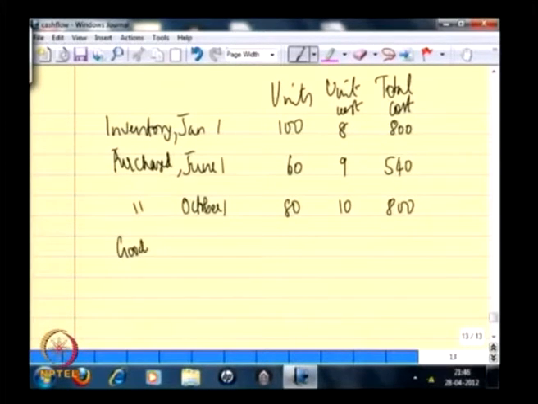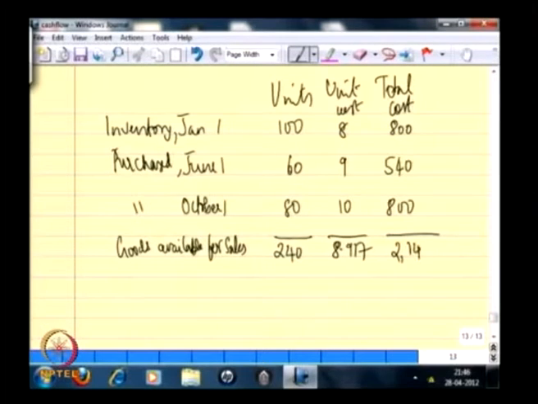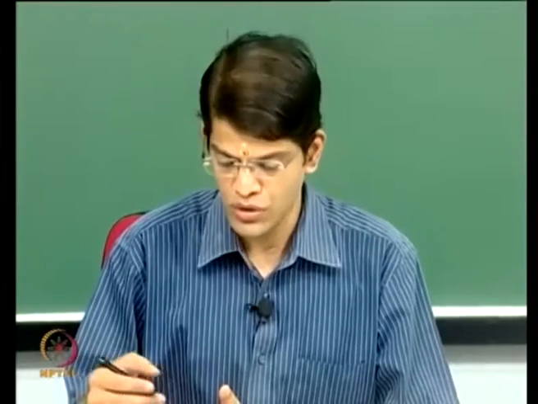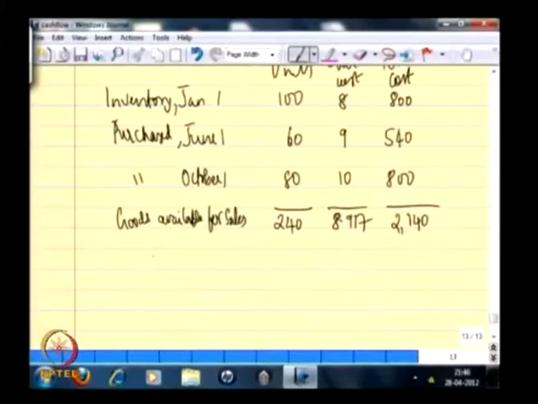So, the goods available for sale is 240 units, and the total cost is 2140. I am just giving an illustrative example considering this entity to be a merchandising entity, but the principle remains the same. If you do it for a manufacturing firm also, it is the same principle that needs to be followed.